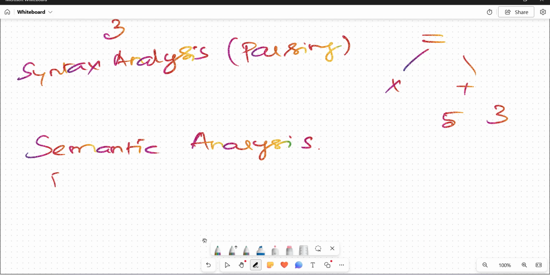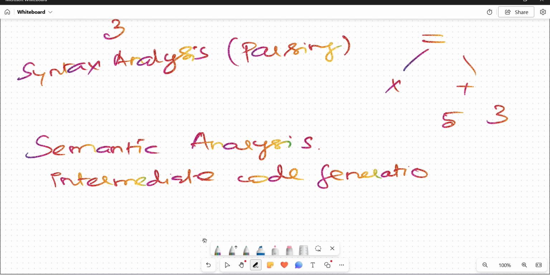The fourth step is intermediate code generation. The compiler creates a middle layer code, which is almost platform independent. For example, Java uses bytecode, and C or C++ may use three address code.